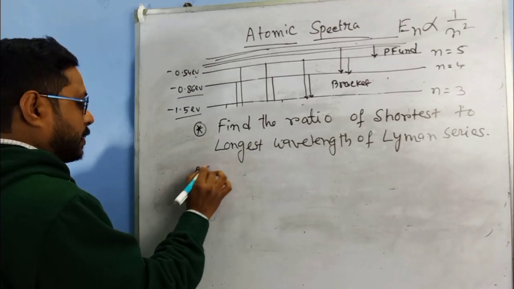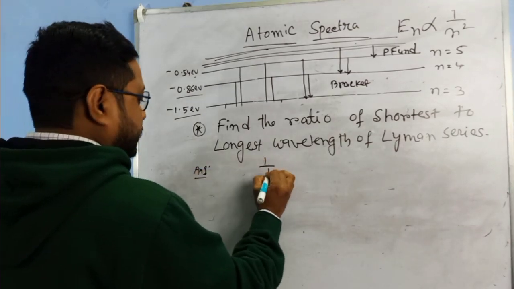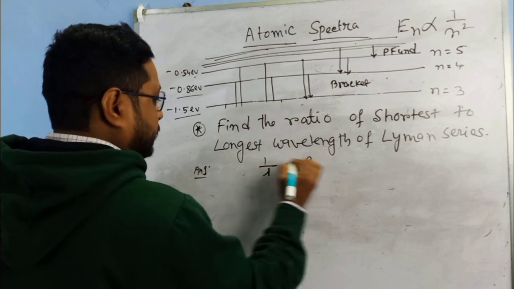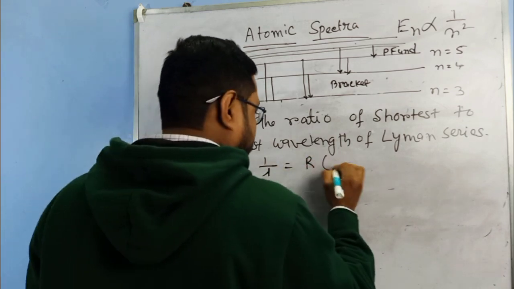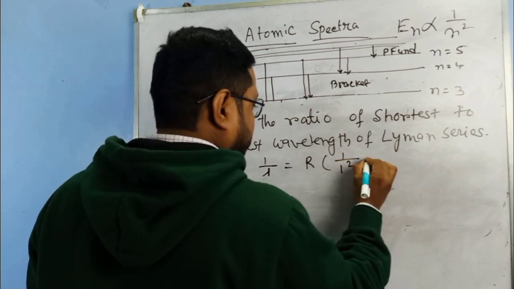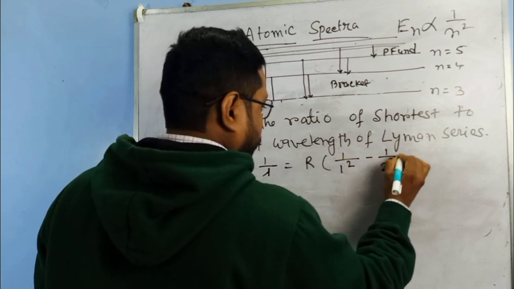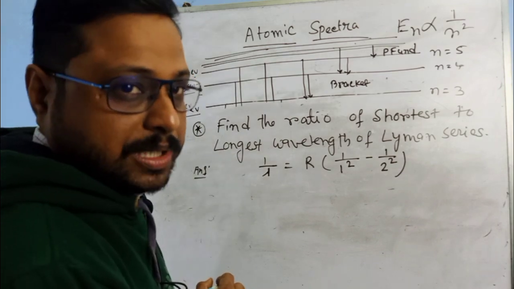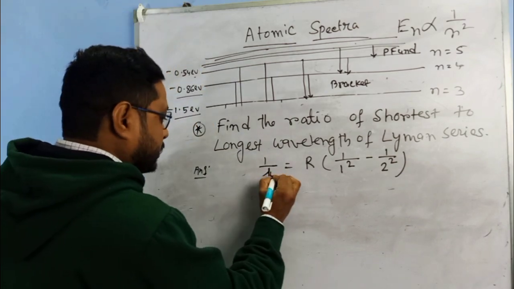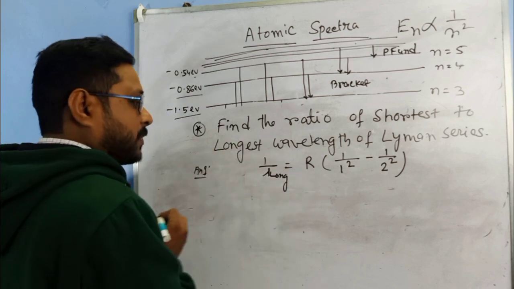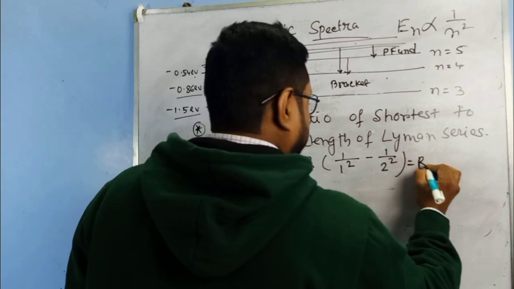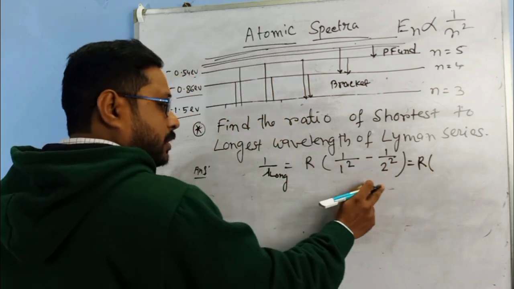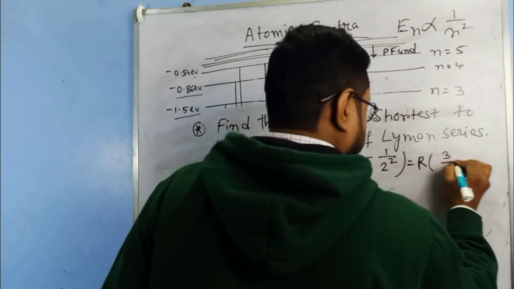So we know that for Lyman series 1 by lambda equal to R, Z is obviously 1, into 1 by 1 square minus 1 by 2 square. What will this be, shortest or longest? Obviously longest, so here we take it as longest. So 1 minus 1 by 4, that is 3 by 4.